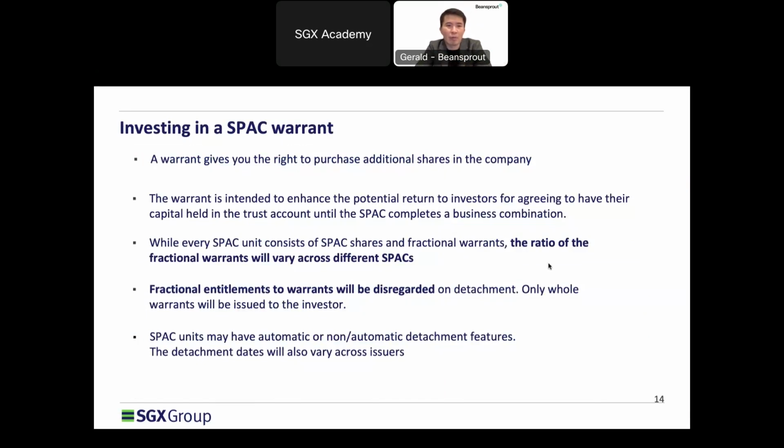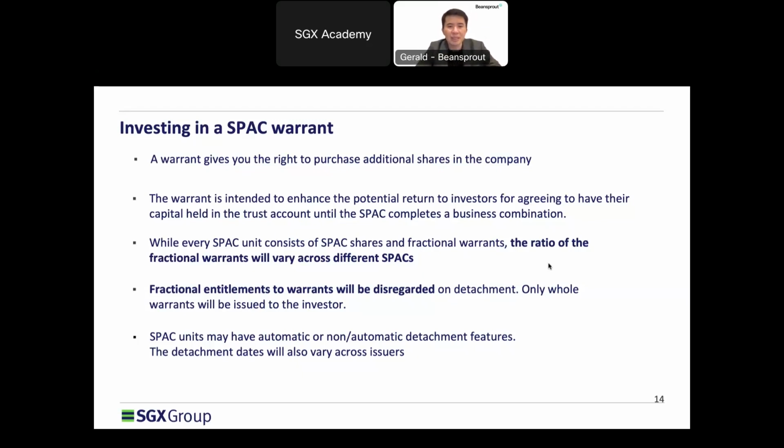So effectively, what a warrant does is that it gives you the right to purchase additional shares in the company. Okay, so the whole idea is that it can help to enhance the potential return to investors for agreeing to have their capital held in the trust account until the SPAC completes a business combination.